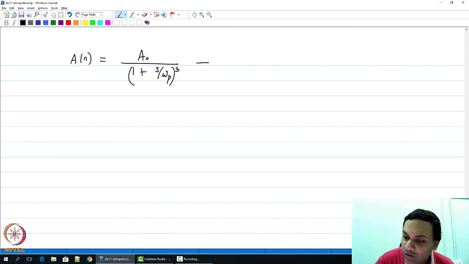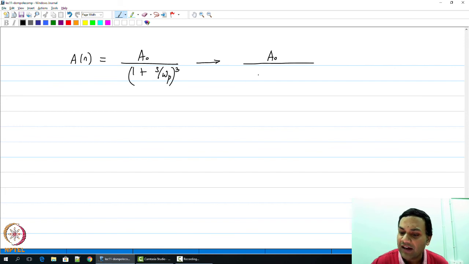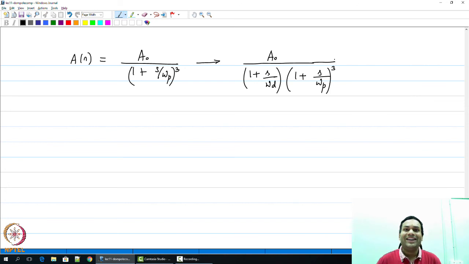So now I am going to transform this into a dominant pole compensated system. So into (1 plus s by omega d) into (1 plus s by omega p) the whole cube. When we get to the details of the circuits, we will understand how to put this dominant pole into the system. For now, at the system level, we need to understand what is happening.